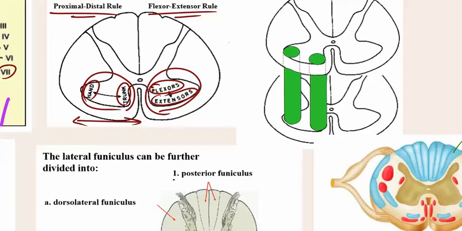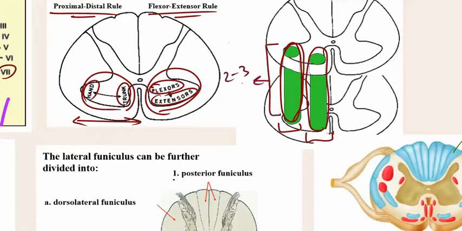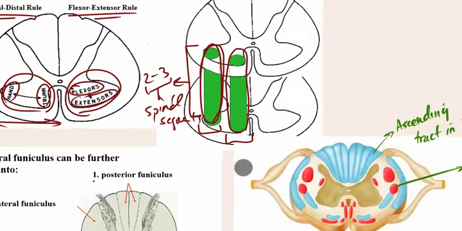So we had the lateral motor group and the medial motor group, and they're going to be forming a kind of column, right? This column is spanning about 2 to 3 spinal segments, right? 2 to 3 spinal segments.